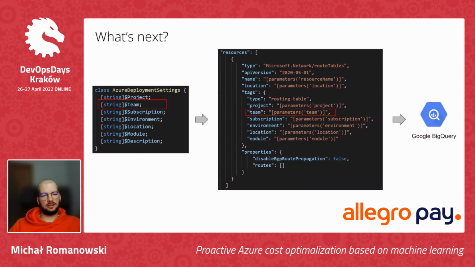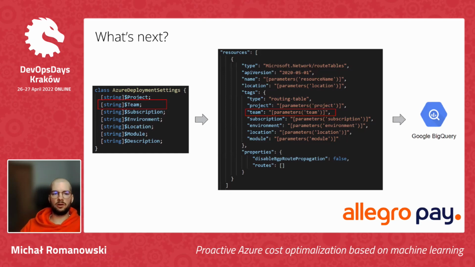So what's next? One of the requirements was to integrate this solution with our deployment model. Here we've got on the left-hand side a class in PowerShell that contains metadata that is required for all of the resources that we are deploying to the cloud. And one of the properties from that metadata class is a team property, which is translated into a tag in Azure.